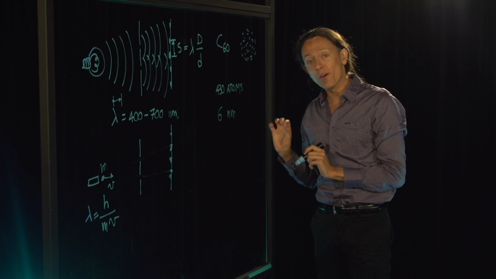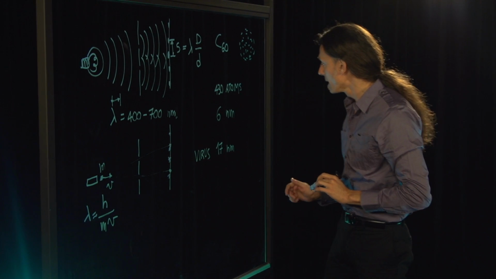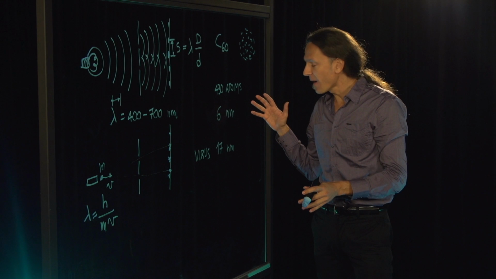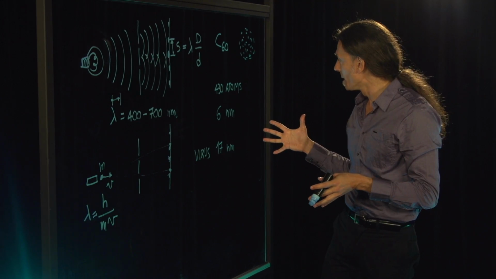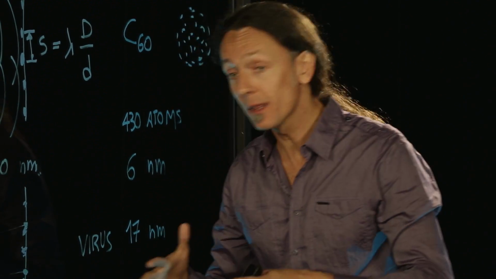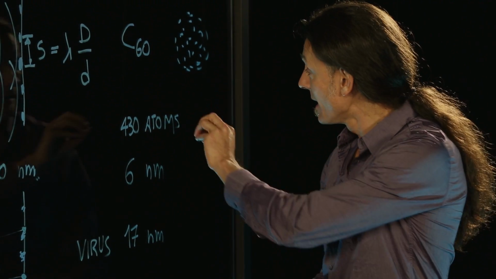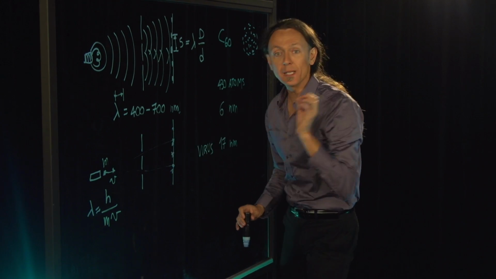If you take the smallest virus known, it's called the porcine circovirus, it's 17 nanometers. The smallest virus, which you could call the smallest living creature, although some biologists would not agree with that, is only a factor 3 larger and about a factor 1,000 heavier than the largest molecule for which people have been able to see this quantum interference, which means this large molecule has crossed through the two slits at the same time.